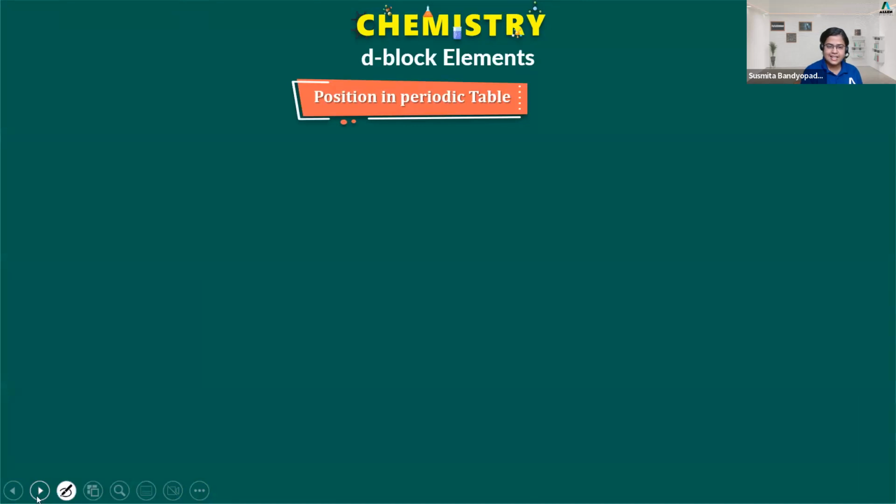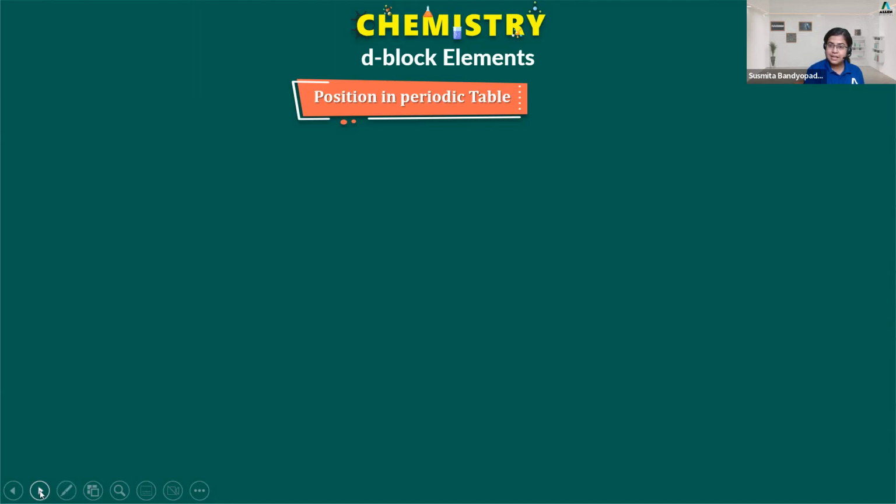So there's no doubt about its position in the periodic table. Groups 3 to 12 belong to d block. What's the definition of d block? These elements are known as d block elements because the electrons in them are successively filled from d1 to d10.